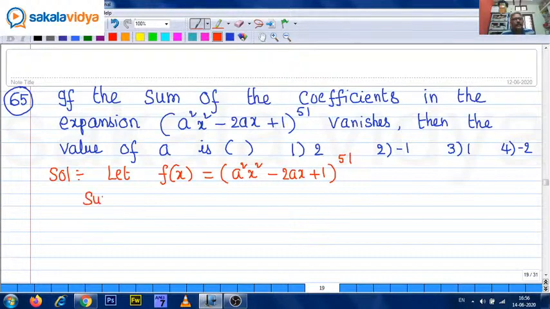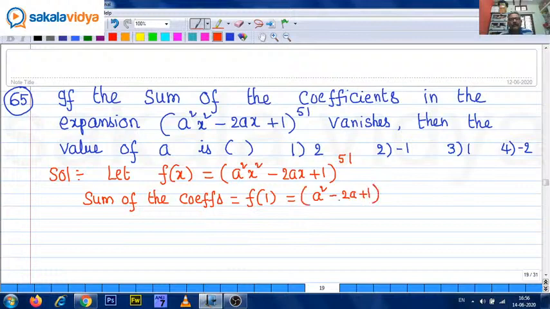Sum of the coefficients will be obtained by substituting x as 1. This equals a square, and x square is 1, minus 2a plus 1 whole to the power of 51.